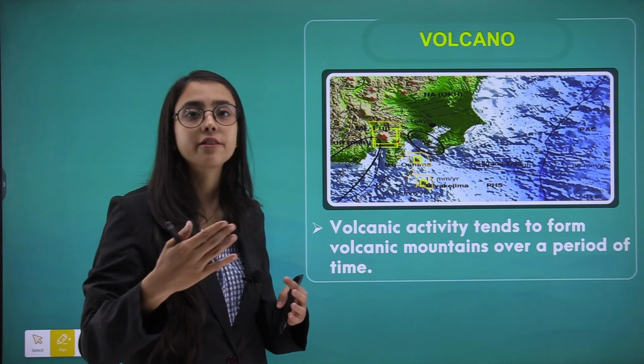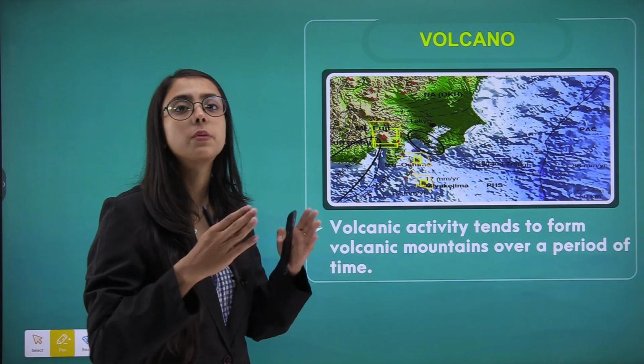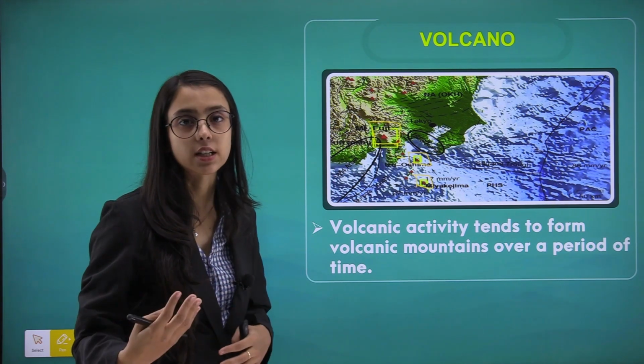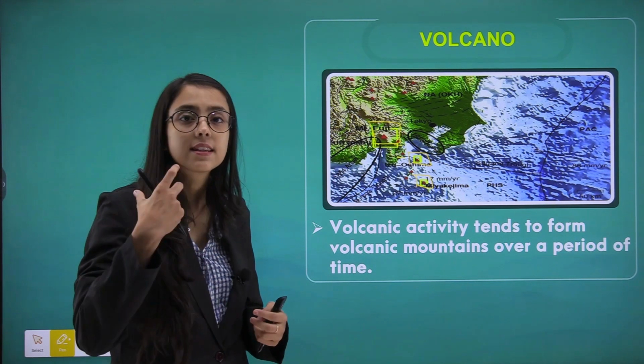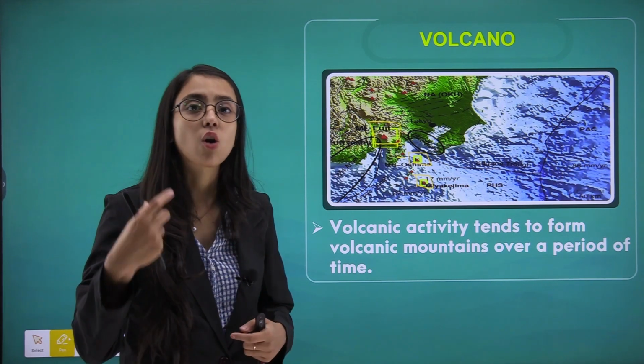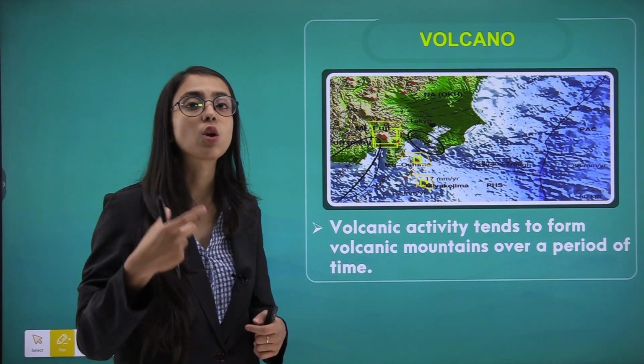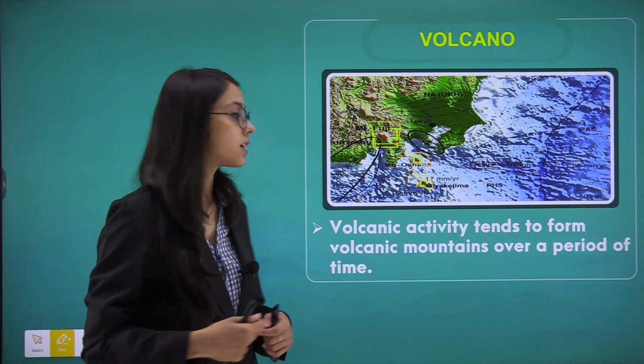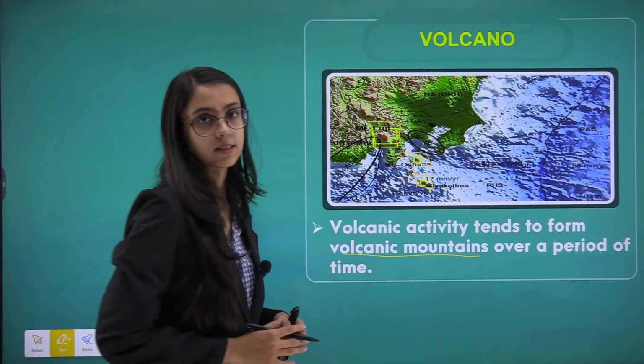Once it solidifies, it starts to build up in the form of mountains or craters. These mountains which are formed due to volcanic eruptions are known as volcanic mountains.